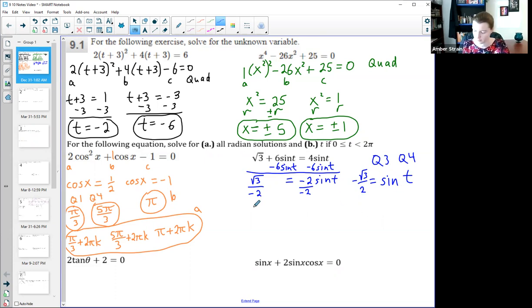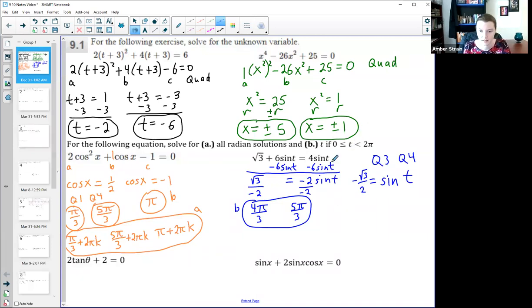Okay, so looking in my graph, I see that that is going to be at, let's see, thinking radians, 4 pi thirds, 60 degrees past 180. So 4 pi thirds. Okay, and then also one more over in quadrant 4, 5 pi thirds. Now again, these would be the two solutions of part B, all within one full circle.